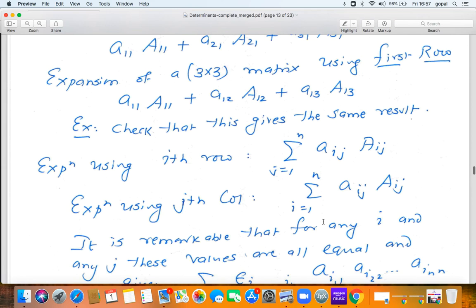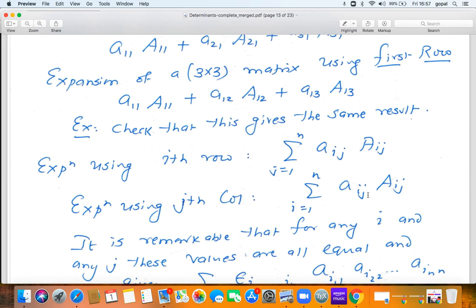It's a remarkable fact that these two numbers are going to be the same, no matter what i you take here and what j. You can expand with respect to any row, you can expand with respect to any column, you're going to get the same number, and that is the determinant of A with those n factorial terms with pluses and minuses distributed.